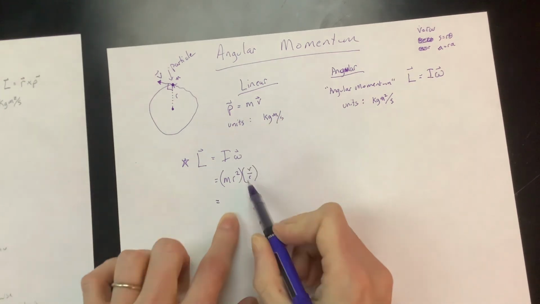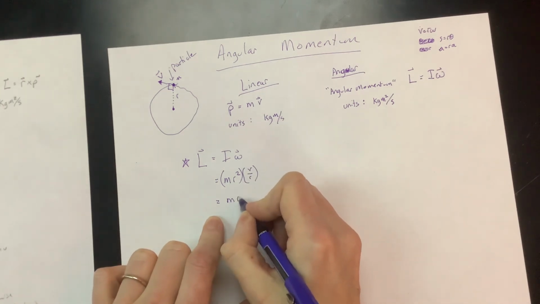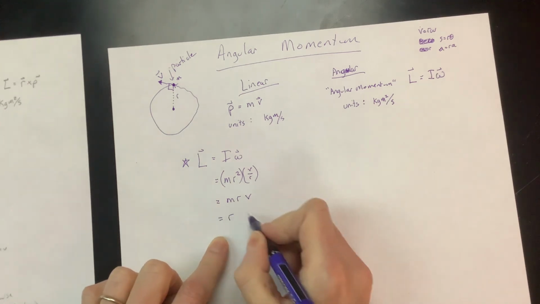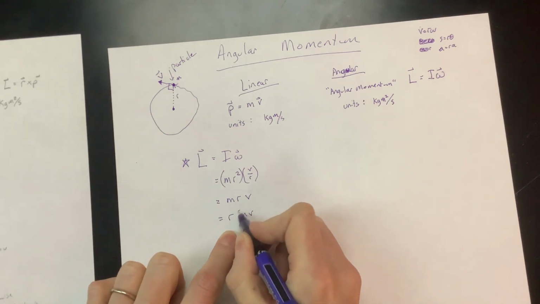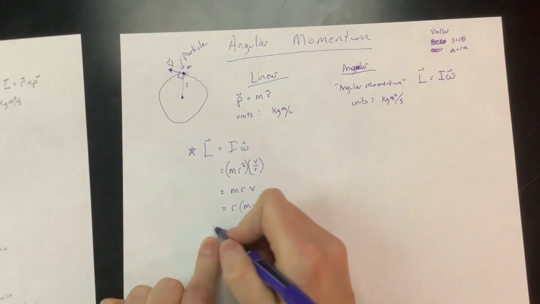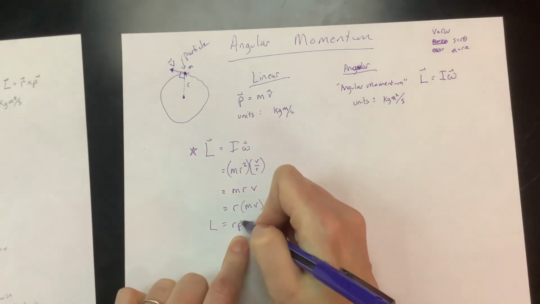And if I do a little bit of rearranging, you'll see one of those r's cancels out. So I have m and r and then v. And maybe you've seen m times v before, right? So look at that. I just got this into L equals r times the momentum, okay?